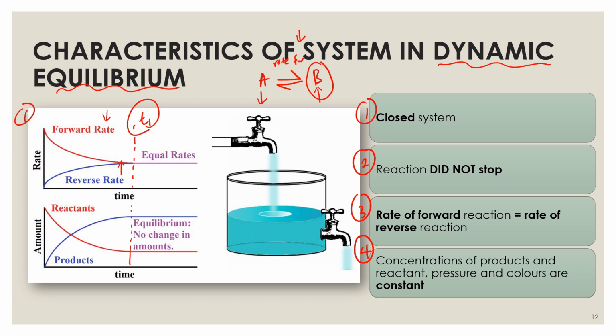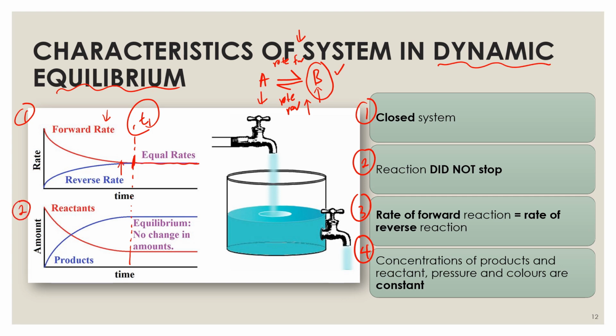So in this case, B akan digunakan untuk forming A. So the rate of reverse reaction will increase as we have more concentration of B. So the rates of forward and reverse reaction will keep increasing and decreasing sehinggalah tiba pada masa T1, iaitu masa di mana system has achieved dynamic equilibrium. As the system achieves dynamic equilibrium, the rates of both forward reaction and reverse reaction will be equal.